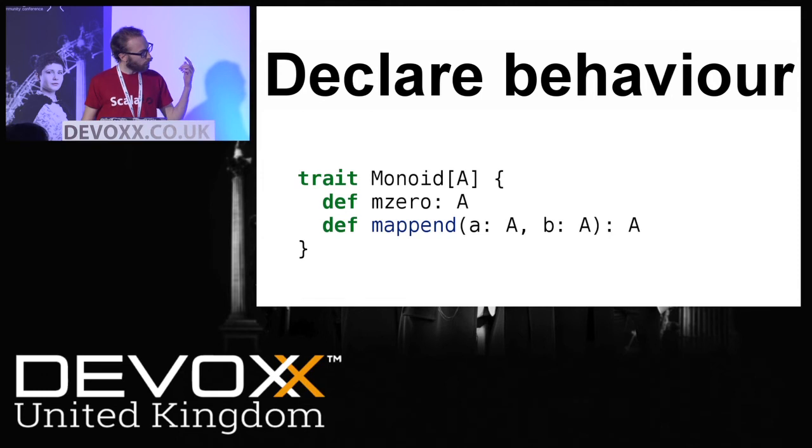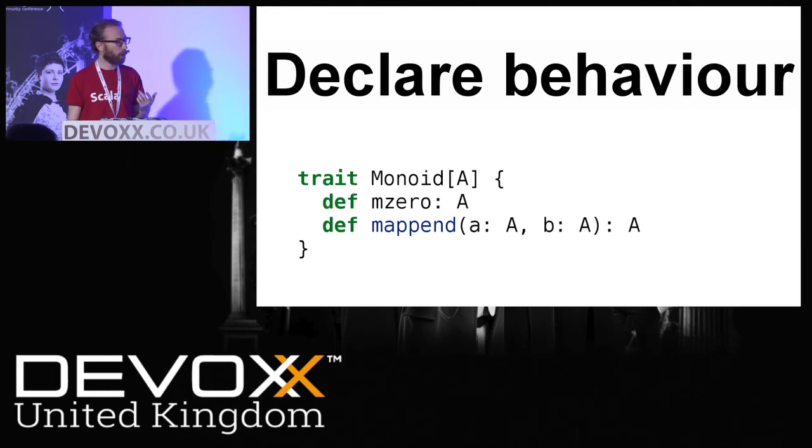So how do we do it? We define a trait which won't be extended by the type itself. It will just hold the operations. So we got the M0, and the append operation takes two values of type A. It's parametric in A, so we don't lose any information about the actual type.